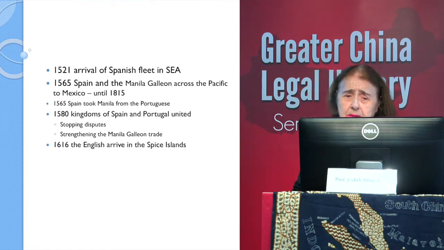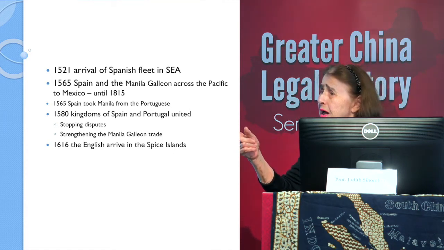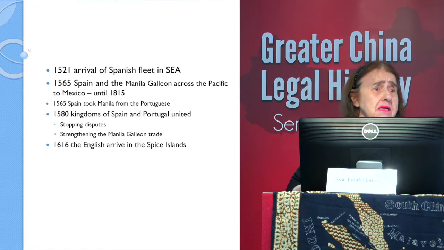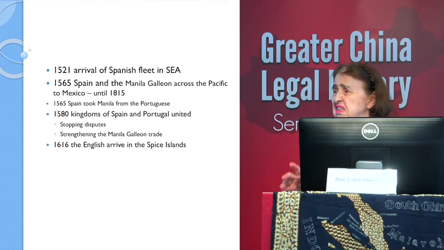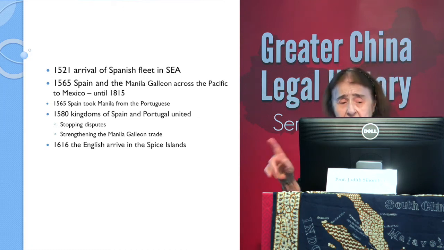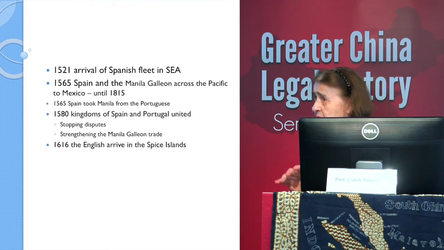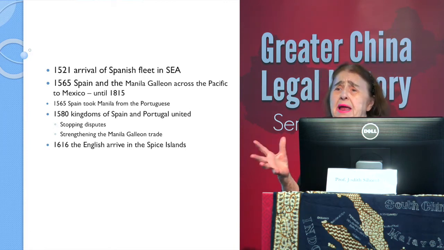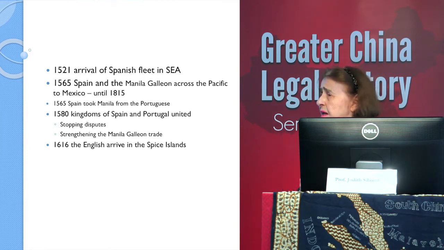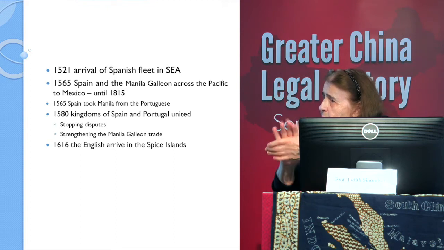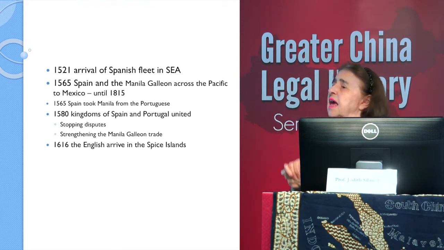So the Spaniards began that. The Portuguese, you ask, where were the Portuguese? They just sort of sat there and took over Malacca and, well, we're here. And then, 1850, a long time later, after the Spaniards came into Southeast Asia, Spain and Portugal, the kingdoms, merged together. So it didn't really matter who they were, but it was always referred to as Spain.